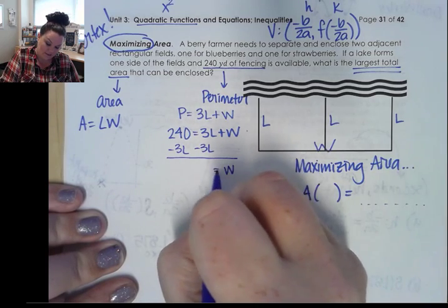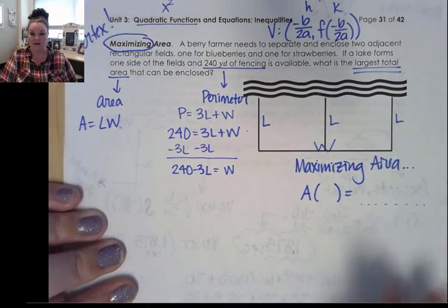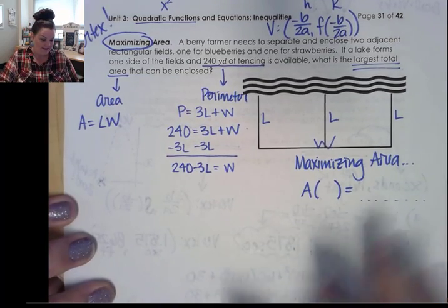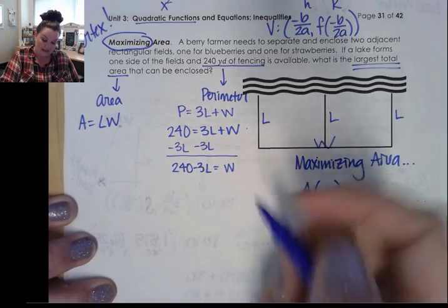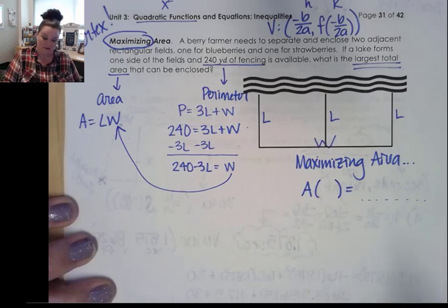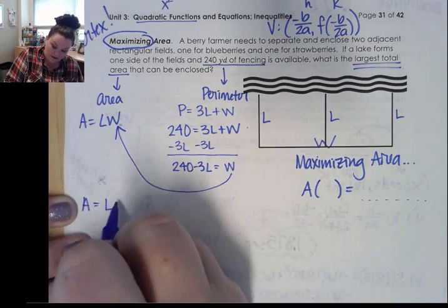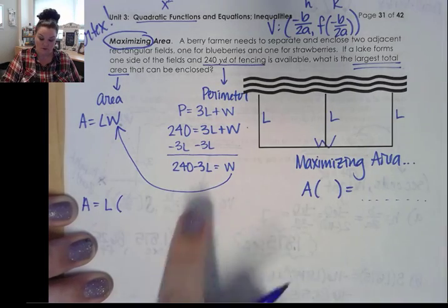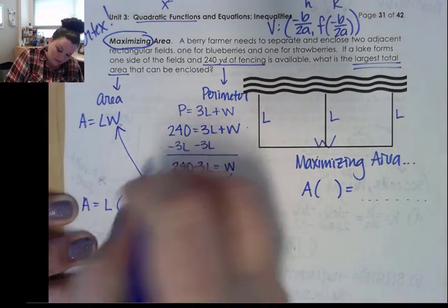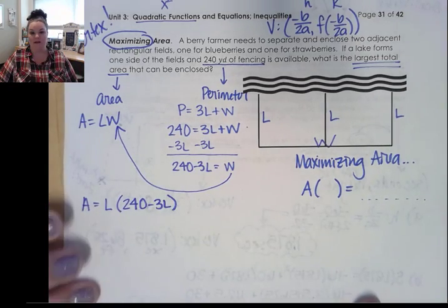So that means that W is equal to 240 minus 3L, right? So now I'm going to take this and plug it in for W in my area formula. So now we can say the area is equal to our length times our width, which we now can replace as 240 minus 3L, okay?